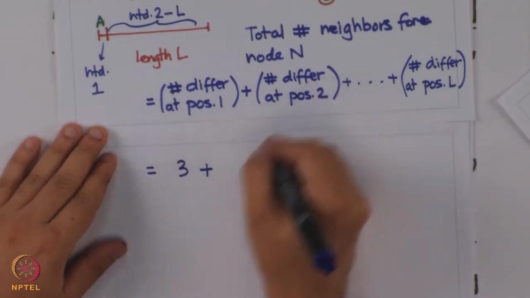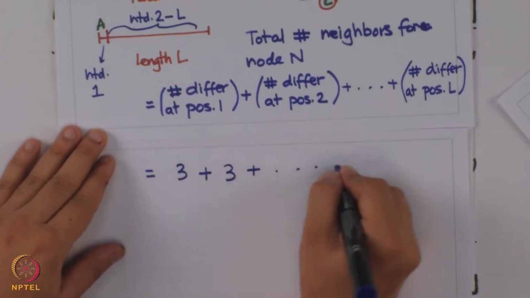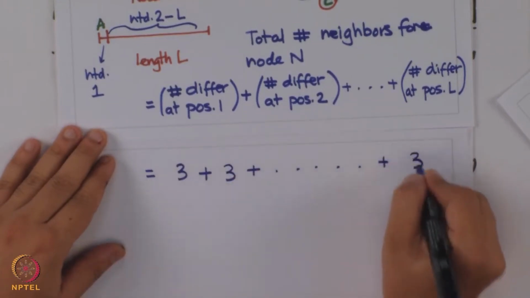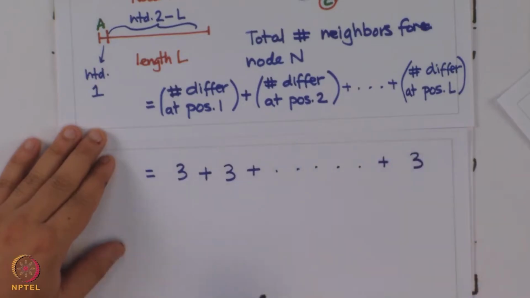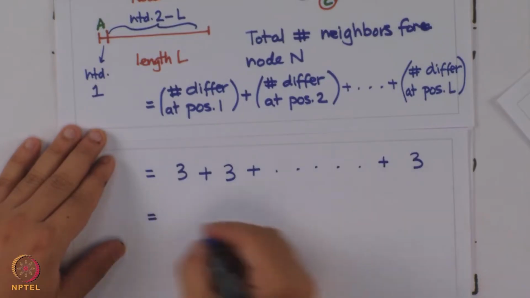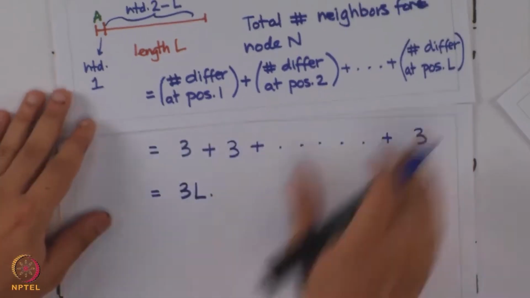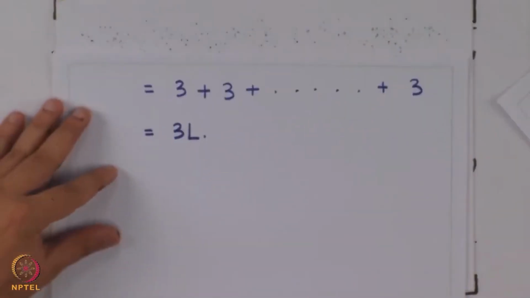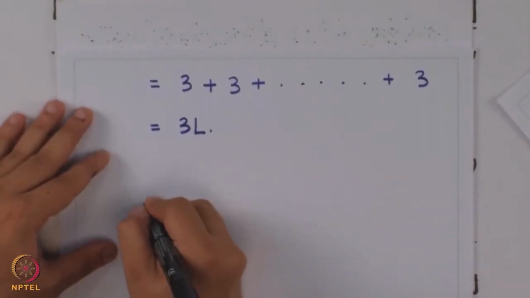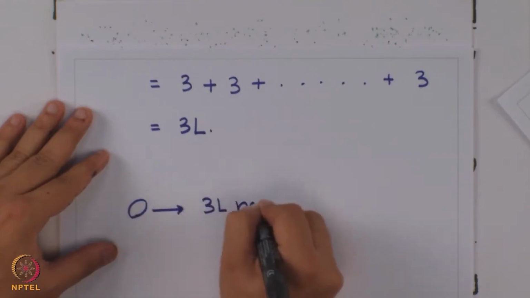Similarly, it can be shown that this number will also be equal to 3 and going all the way up to 3 for every position where the difference between node n and its neighbors exist. And these are L number of 3's added, so the answer becomes 3L. So, of the total 4 to the power L nodes, a node is connected to 3L nodes.